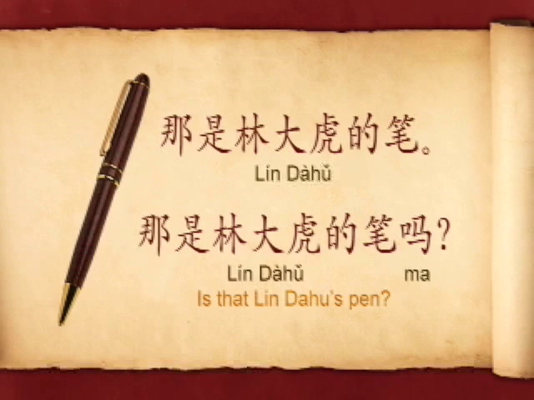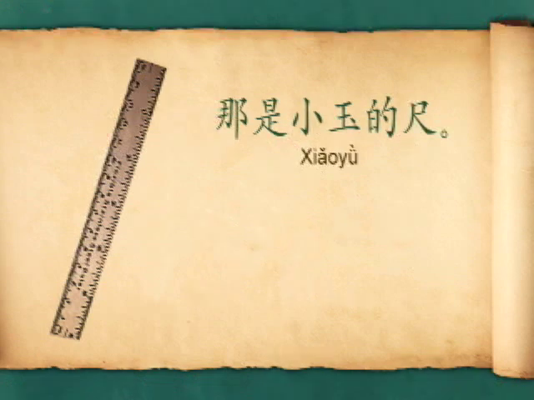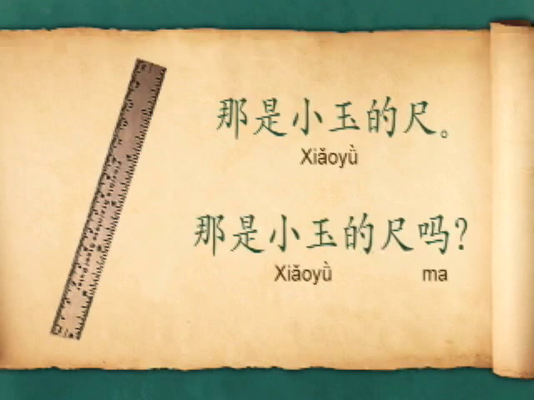Here's the next statement. 那是小玉的尺。Very good. The question formed should be 那是小玉的尺吗？Is that 小玉's ruler?